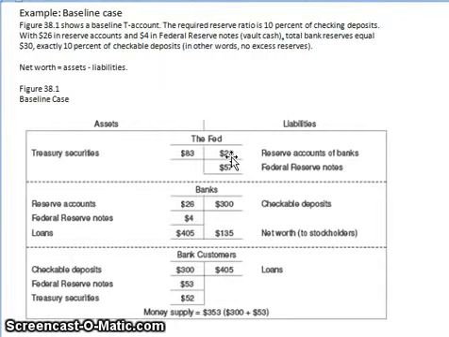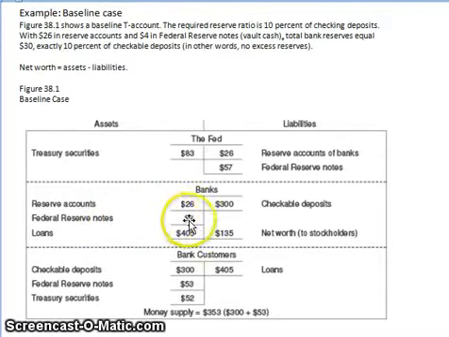Let's take a look at our second tier now, the banks that you and I conduct our business with. We know, based on our examination of the Fed, that banks here have $26 in reserve. That we're going to count as an asset.